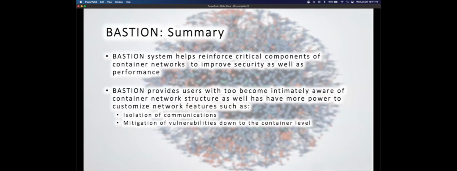So in summary, the Bastion system is reinforcing critical components in the container network that are known to be vulnerable security-wise. They're implementing newer technologies, improving on the traditional iptables and stuff like that. And they are basically using a common sense approach to improving network security, which is, like I said, similar to proxy servers.